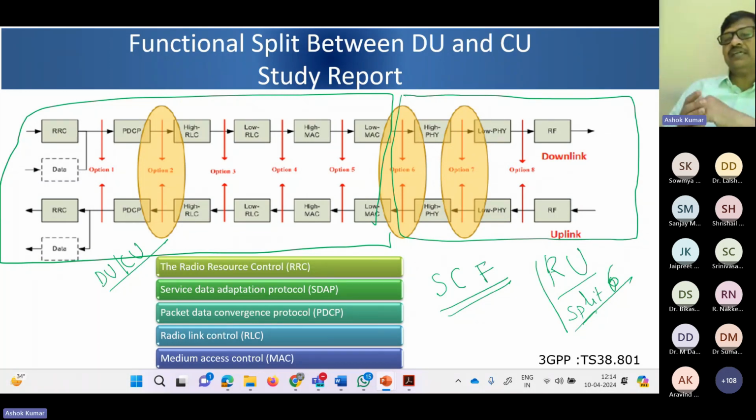You are splitting the physical layer itself, where your overall data rate is very, very high, so your bandwidth requirement between DU and RU will increase drastically. A small cell means I have multiple cells nearby, and from every cell I have to take that backhaul. If it is very high, the backhaul requirement would be very, very high. That's why split 6 is one of the preferred things to do. There are some disadvantages also.